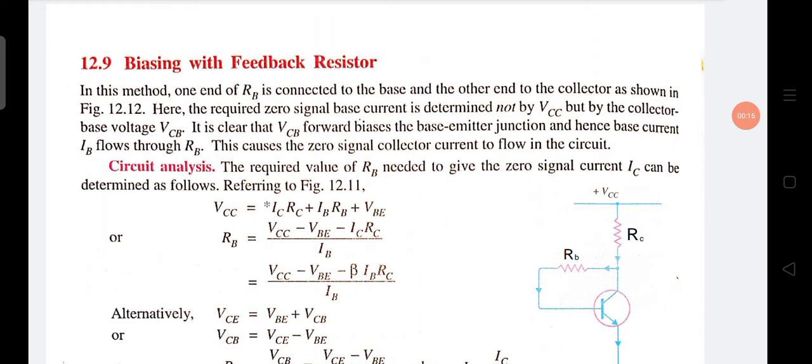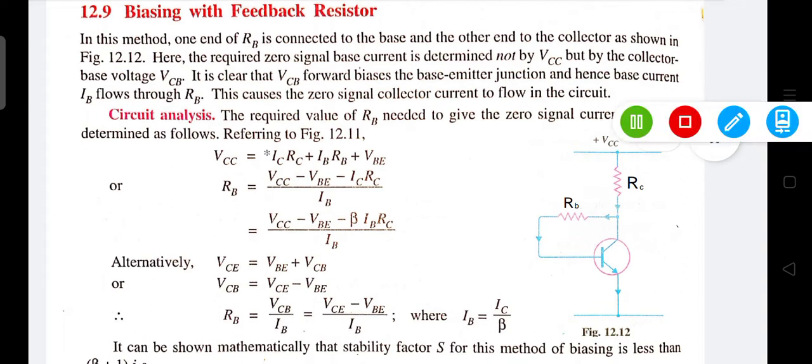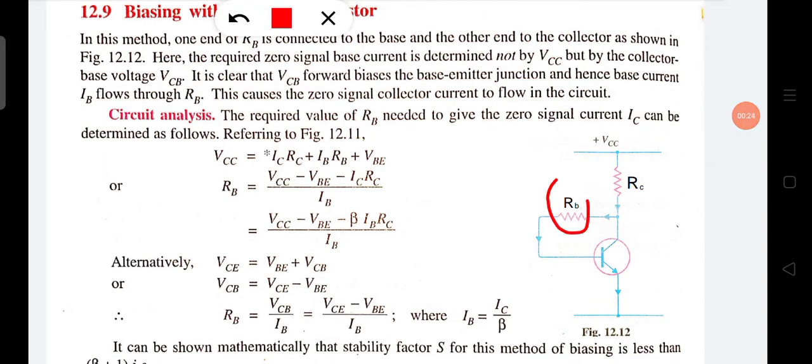Now, the difference in this method is that this RB, which was connected to the VCC, the positive end of the VCC, in the previous fixed biasing method, is here connected to the collector, and the other end is connected to the base. This is the difference of this method.